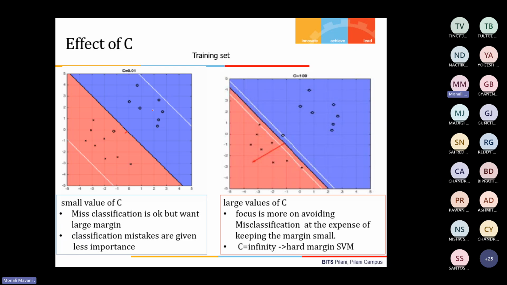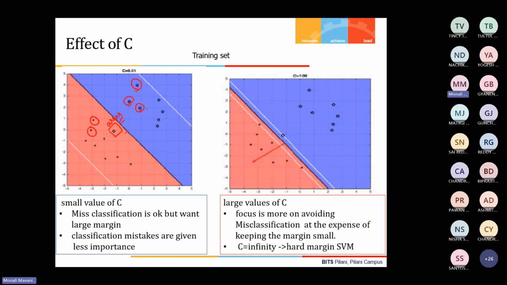Maximum margin results in a situation where certain points are inside the margin, maybe on the correct side of the decision boundary, and maybe some of them on the wrong side.